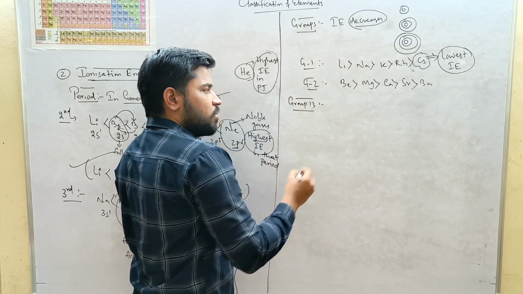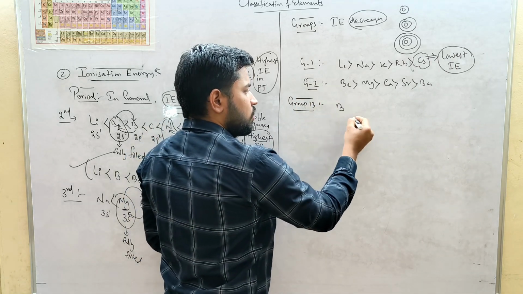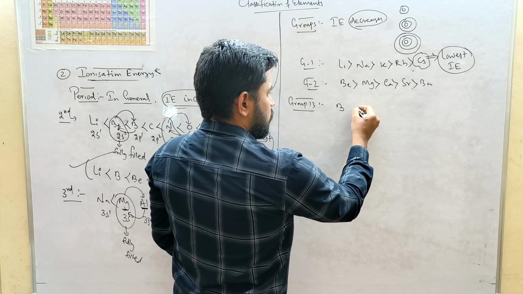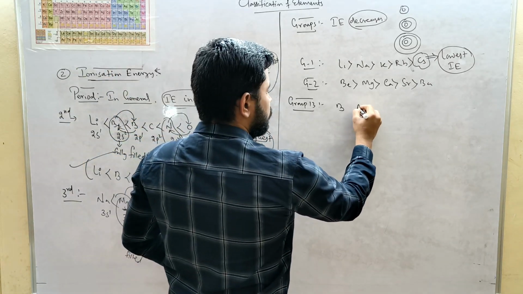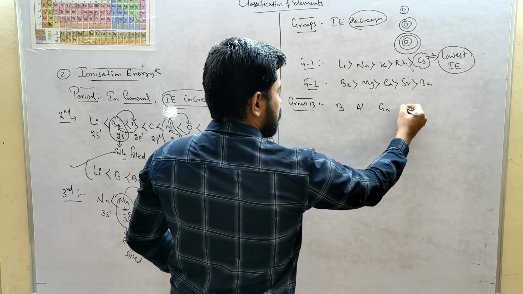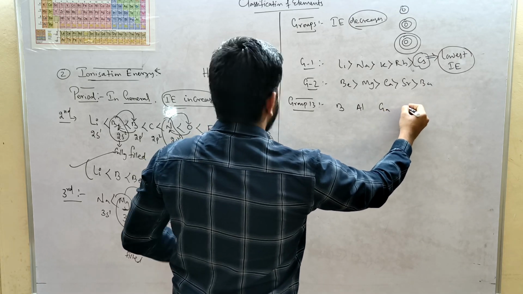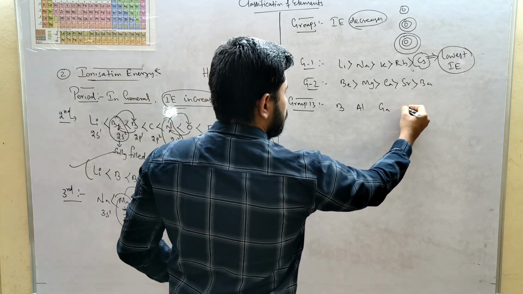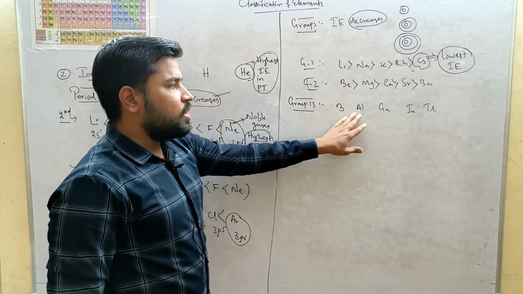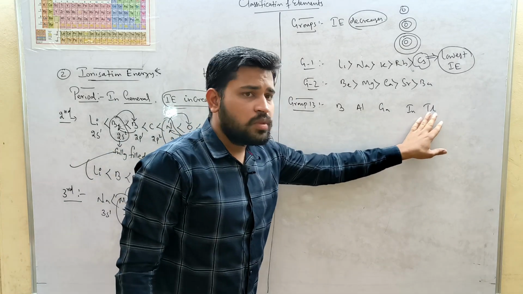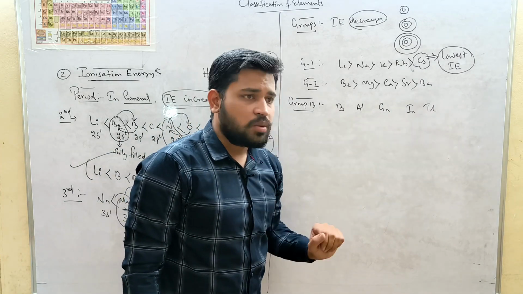In group 13 elements, who are there? Boron, aluminium, gallium, indium, and thallium. So these are the elements which are present.